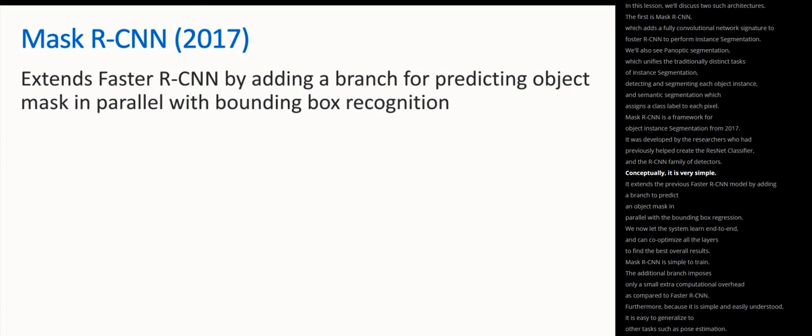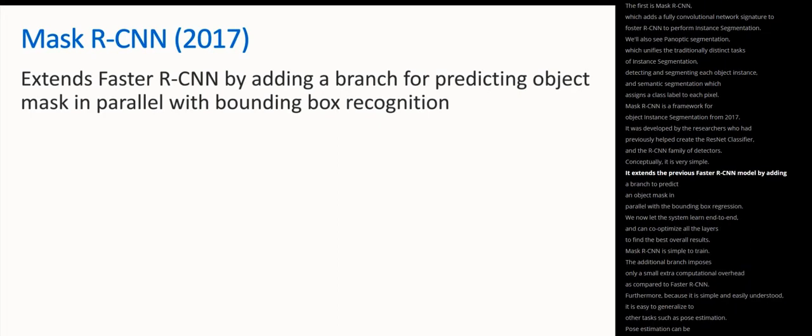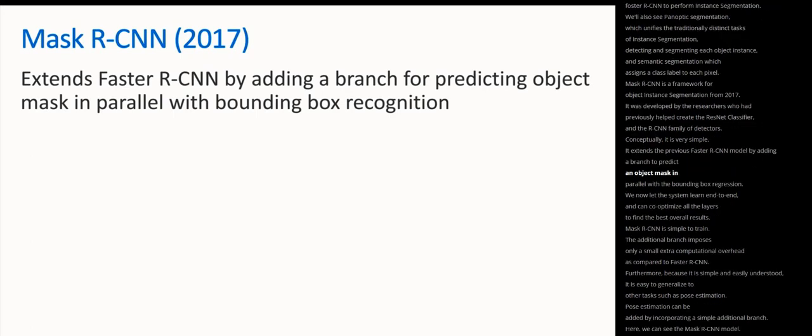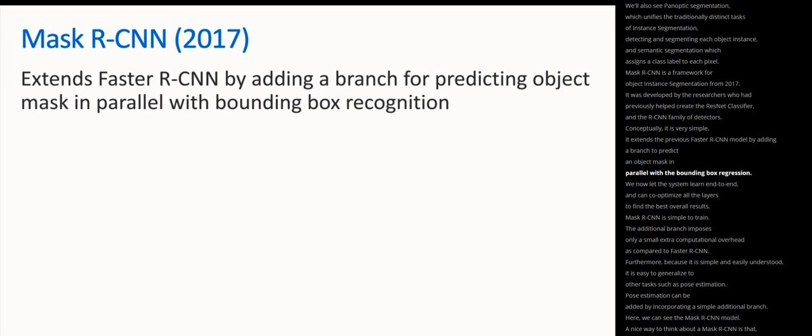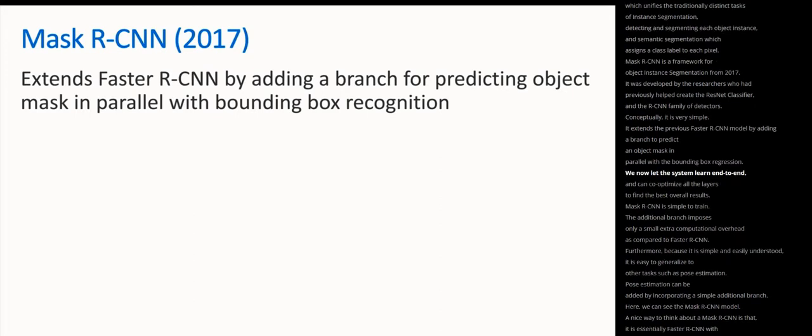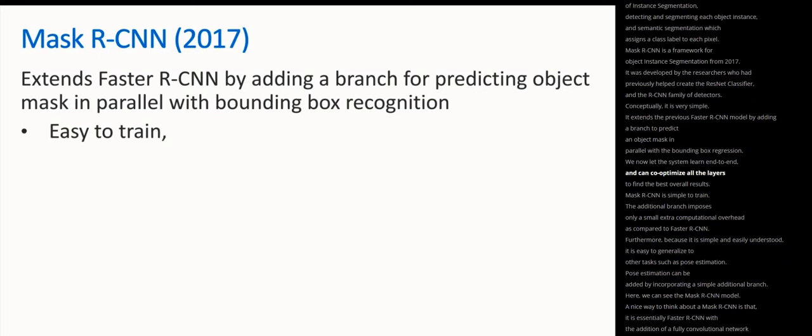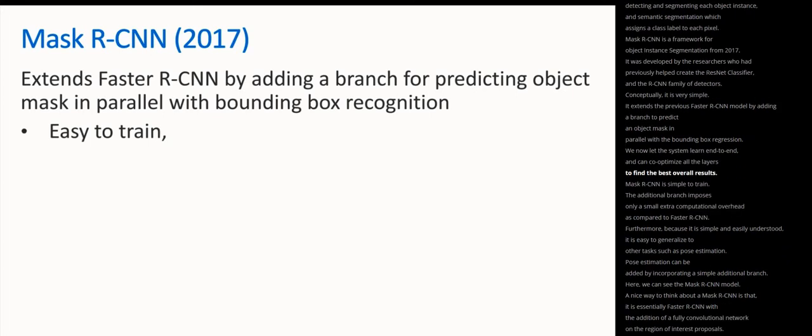Conceptually, it is very simple. It extends the previous Faster R-CNN model by adding a branch to predict an object mask in parallel with the bounding box regression. We now let the system learn end-to-end and can co-optimize all the layers to find the best overall results.